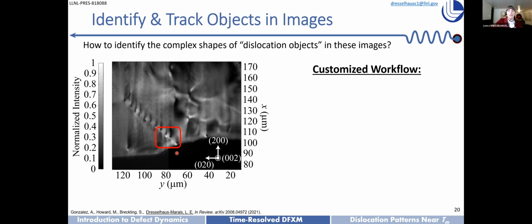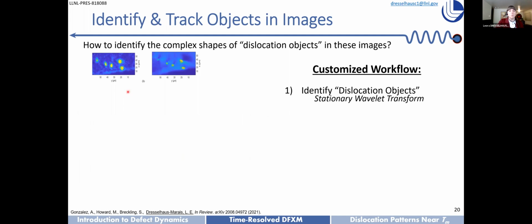So to do this, we developed a customized workflow that starts with a stationary wavelet transform, specifically the Daubechies 4 orthogonal wavelets, where the third order detail coefficient gives us a map that looks something like this, where each one of these bright blobs basically just shows us that there is a dislocation present there in those pixels in the original image.